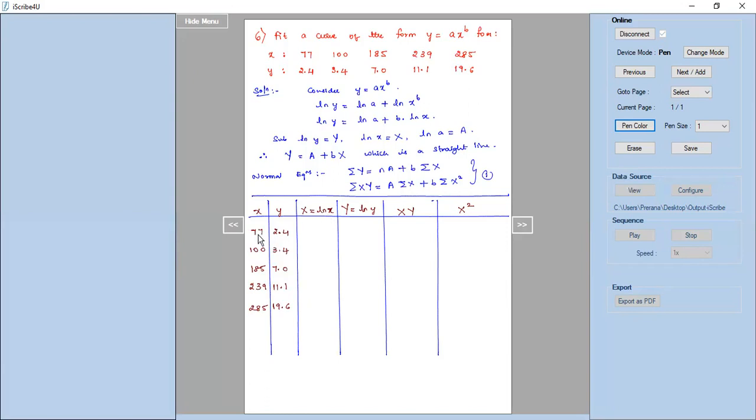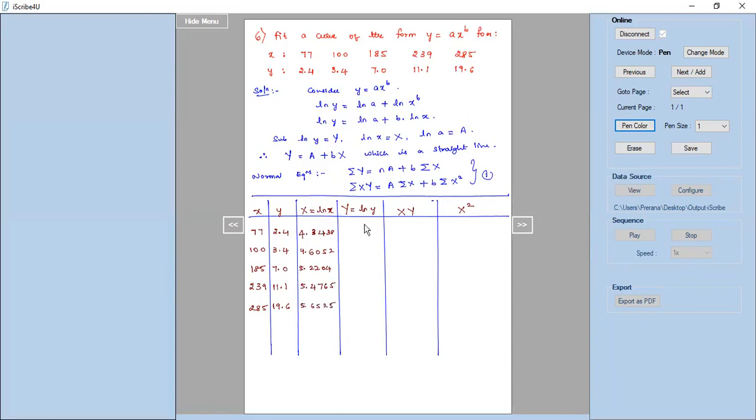That is ln 77, ln 100, ln 185, like that we have to find out from the calculator. It is ln in your calculator. So the respective values are 4.3438, 4.6052, 5.2204, 5.4765, and lastly 5.6523.